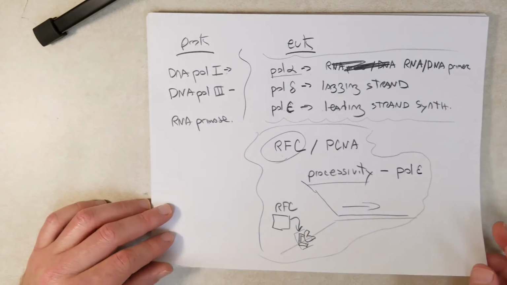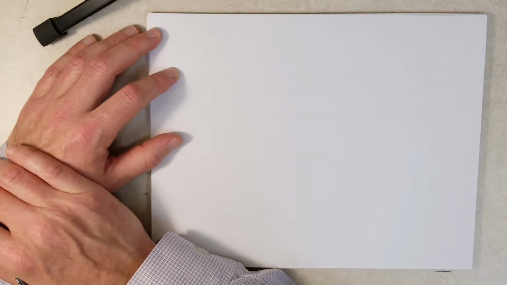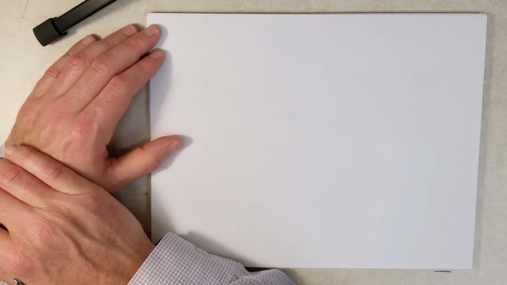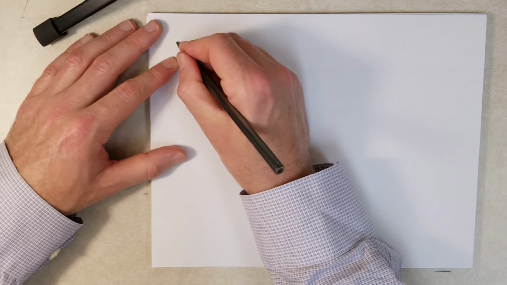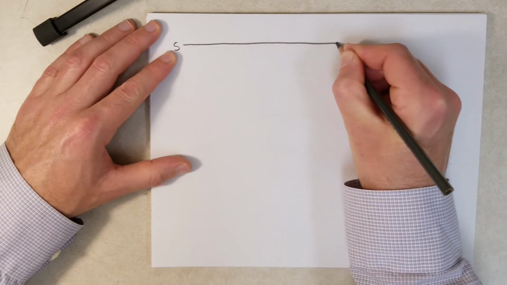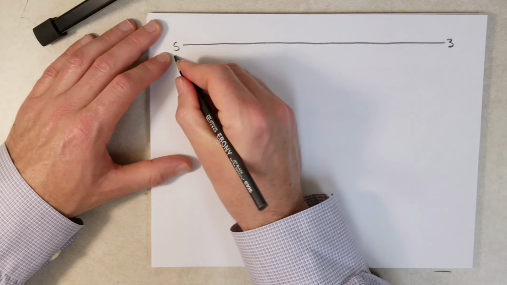Okay, so what we're going to spend most of the time on in this video is the differences in Okazaki fragment maturation in prokaryotes and eukaryotes. So, now, what is an Okazaki fragment? I'm sure you watched the previous video, and I'll just review that here.